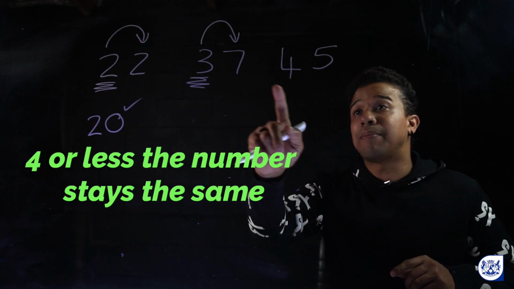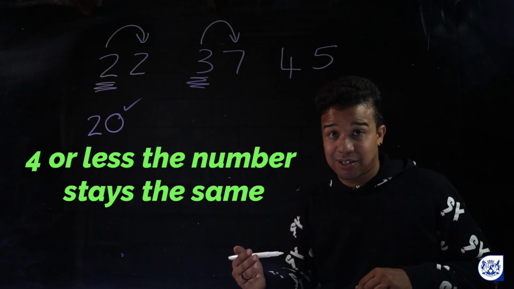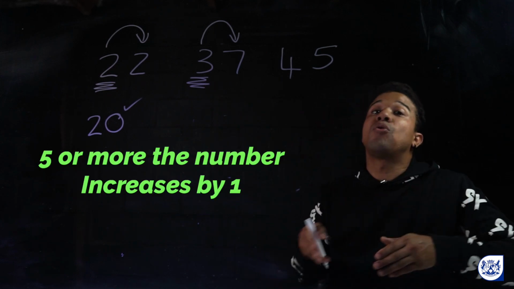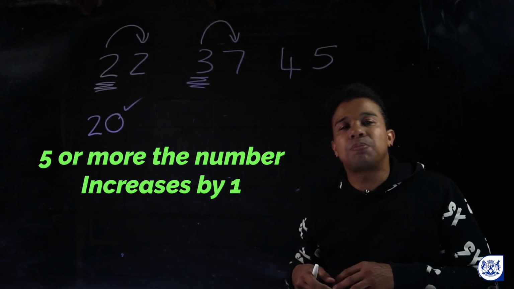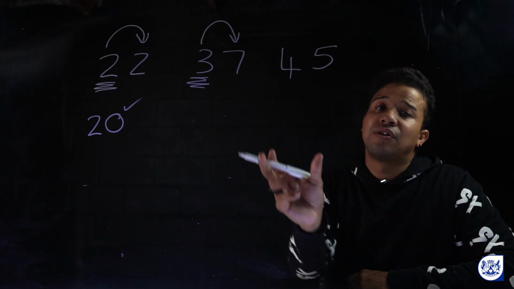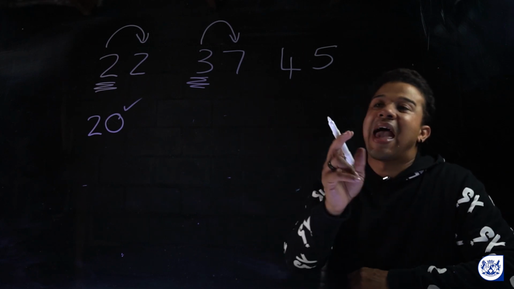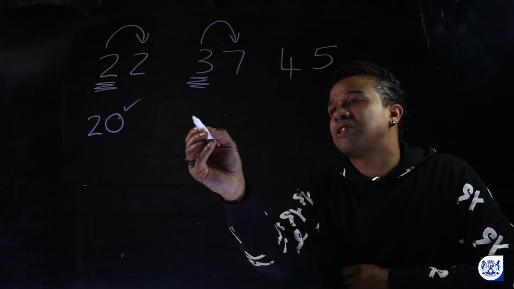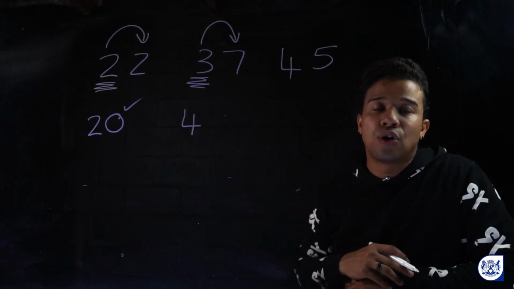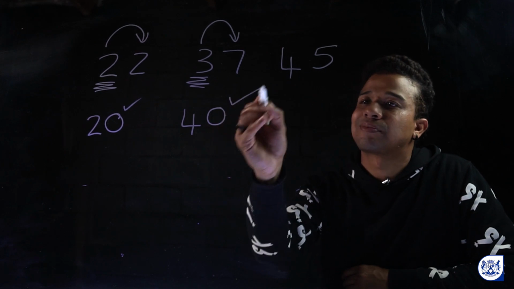Remember, when the number next to it is 4 or less, the number in the tens place will stay the same. If it's 5 or more, it will increase by 1. And this number over here, number 7, falls into the 5 or more group, and therefore the number in the tens place will increase by 1, and the number behind it will become 0.